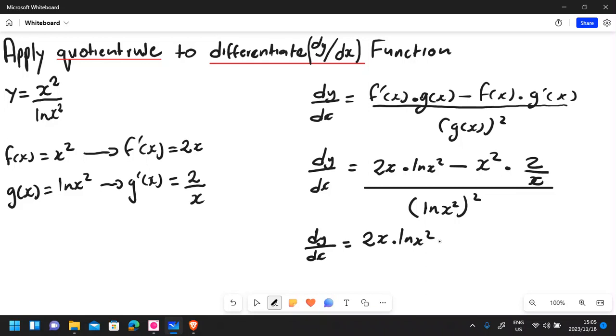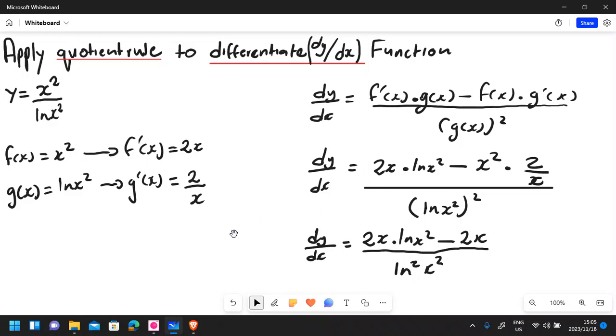The second term here is straightforward: x into x squared, so you're left with 2x, because it's going to be negative x multiplied by 2, so that is going to be 2x. And then here, this one again, we're just going to write it this way: natural log squared x squared. I hope you can see, guys. I hope you don't get confused, or you can leave it like that, it's still fine.